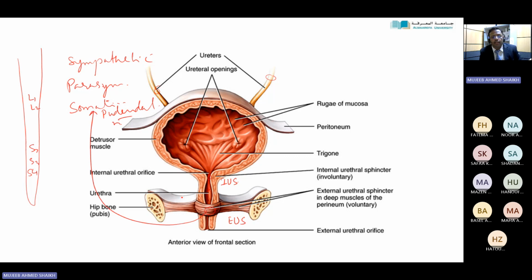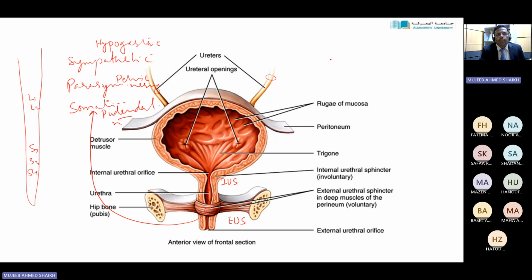External urethral sphincter is under voluntary control through the pudendal nerve, whereas sympathetic is through the hypogastric nerve, and parasympathetic is through the pelvic nerve. Okay.